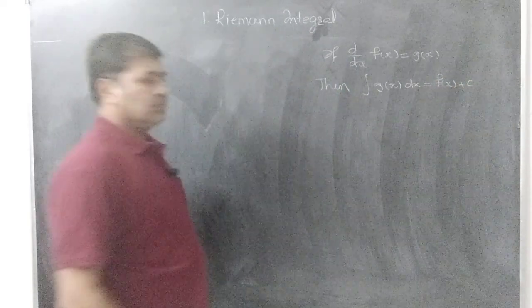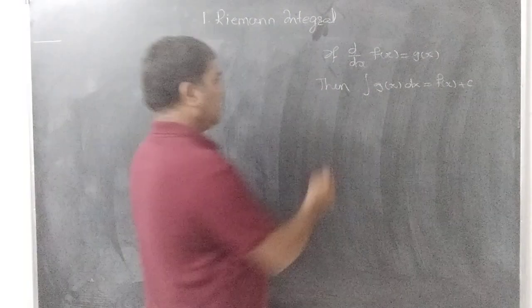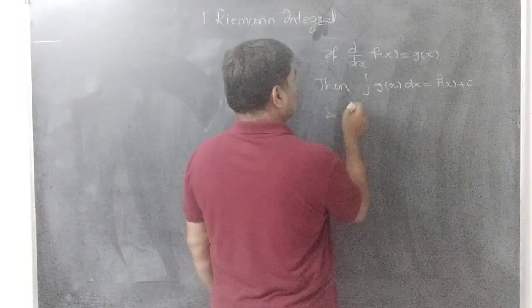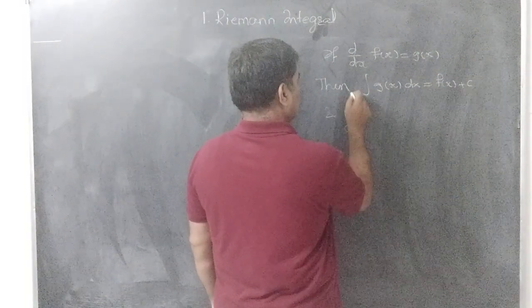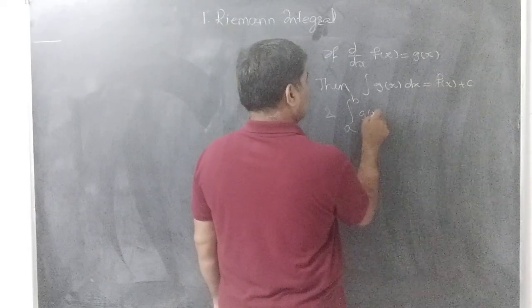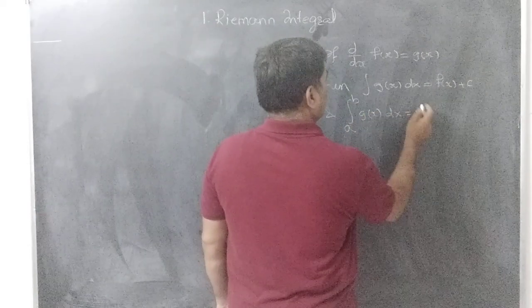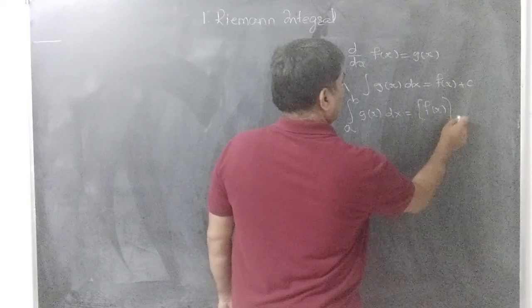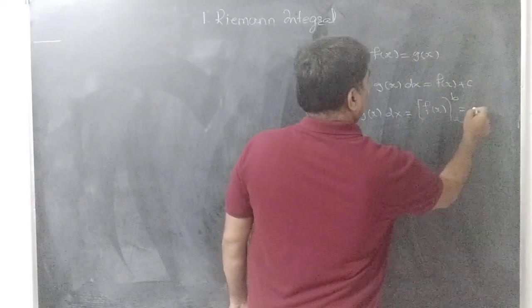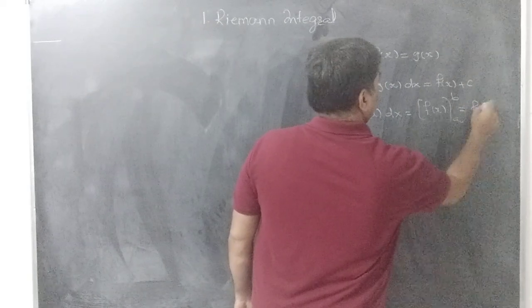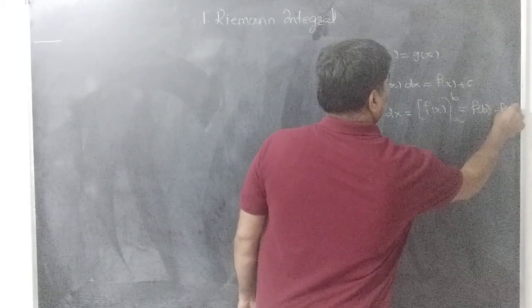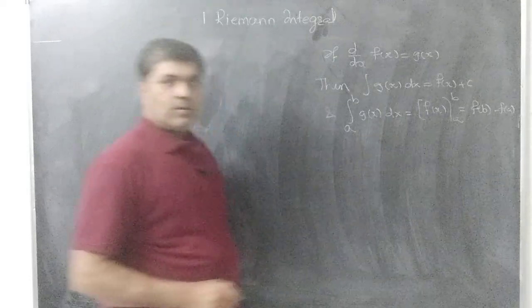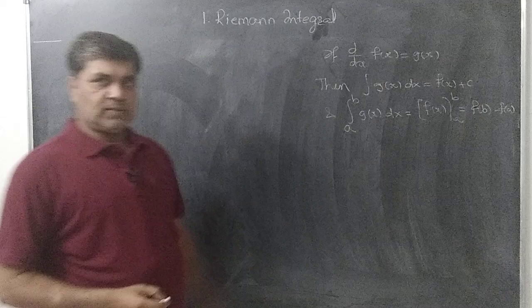Is it right? And integral of g(x) dx from a to b is equal to f(x) from a to b, which is equal to f(b) minus f(a). You are well familiar with this.